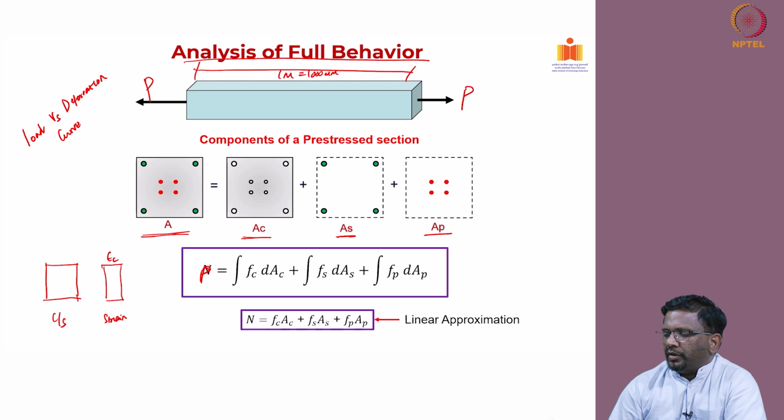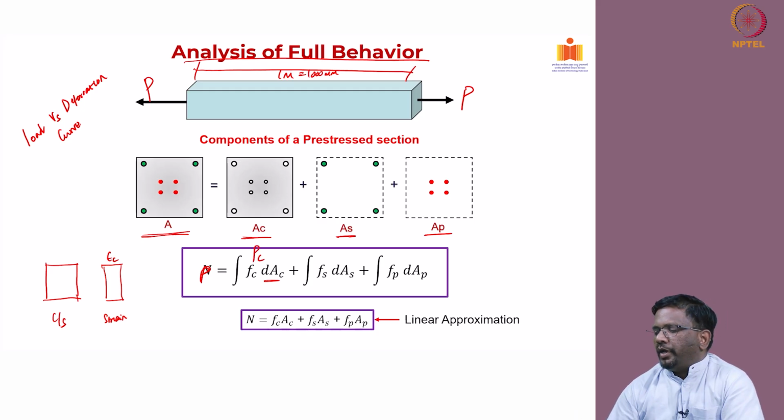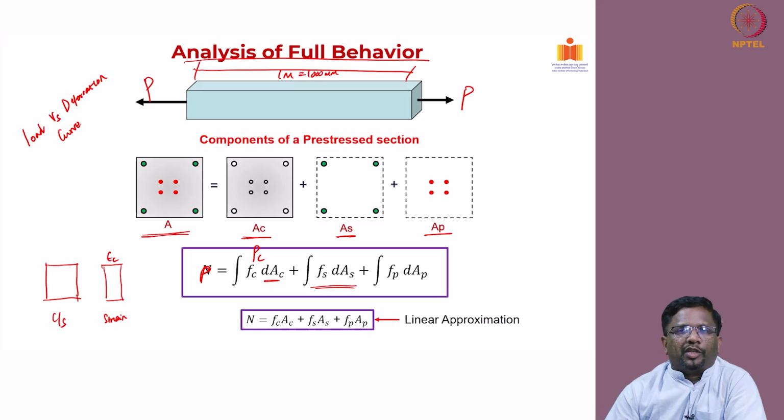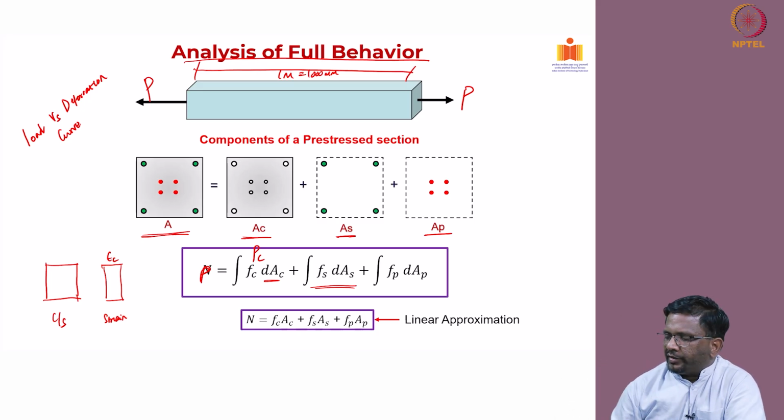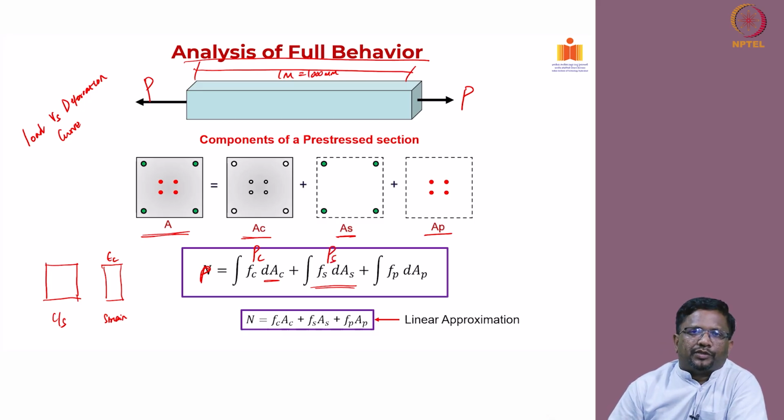The stress multiplied by the corresponding area, when I integrate it, gives me my load contribution from concrete. This is going to be your PC. The stress in the steel multiplied by the area of the steel, when you integrate it over multiple layers, gives the contribution of your non-pre-stressed steel, PS.